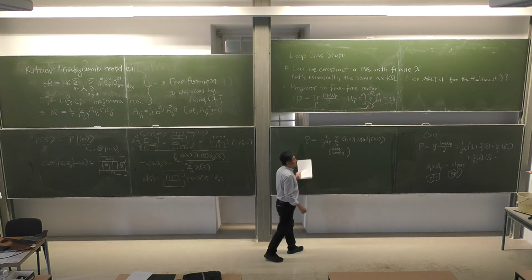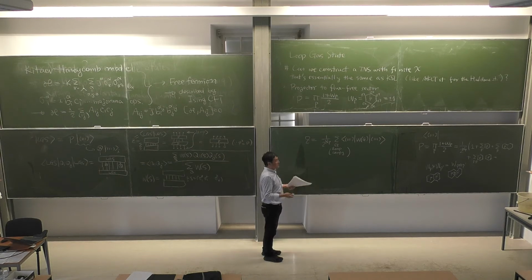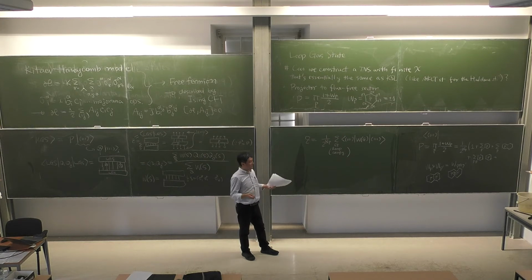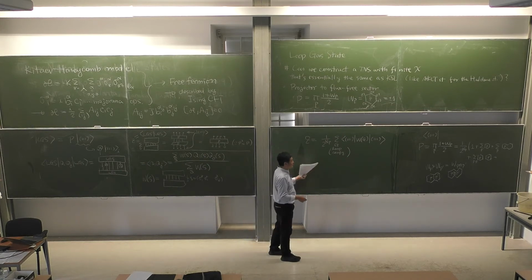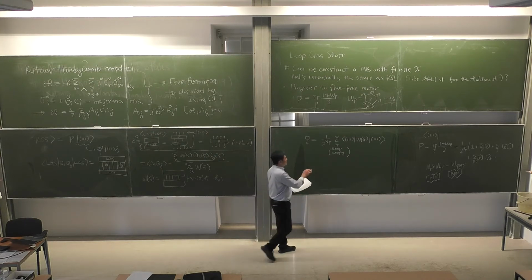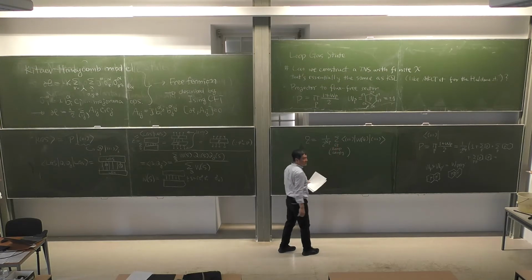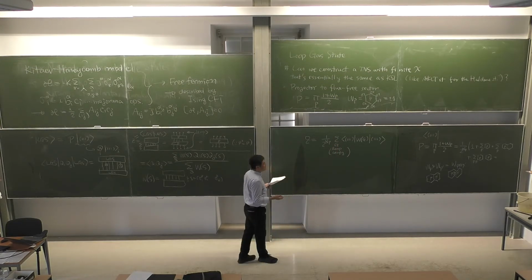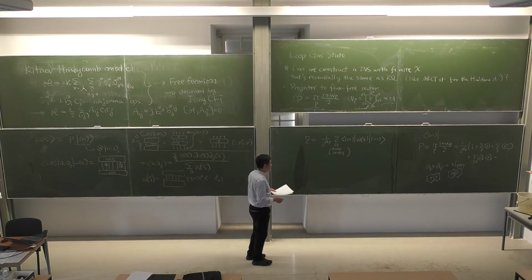A loop gas configuration is a graph which consists only of loops. How many loops, it doesn't matter. It can contain as many loops as you like. So the summation over G is the summation over all possible loop configurations of the whole system.